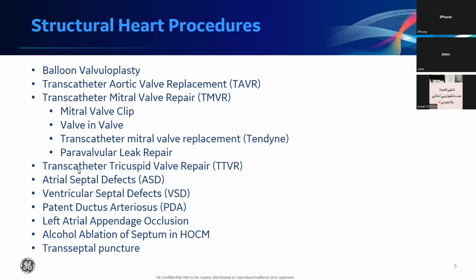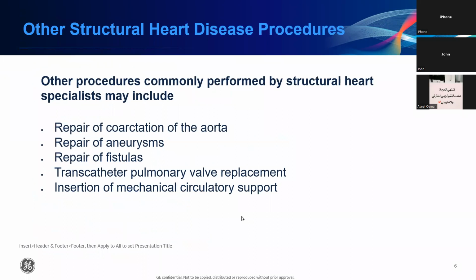Tricuspid, for example, cusp repairs, annular repairs for mitral tricuspid, ASD, VSD, closure devices, PDA occlusions, LA appendage occlusion, and so forth. And of course, transseptal puncture, which is used in most of the procedures.